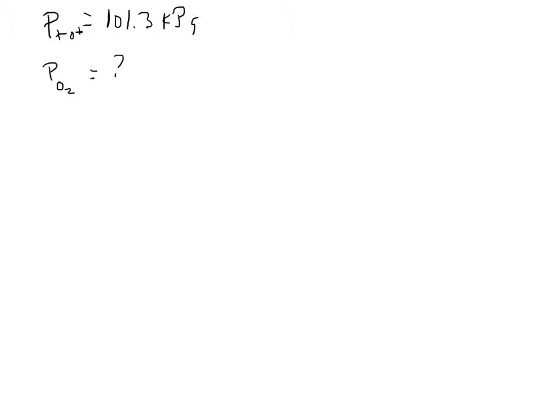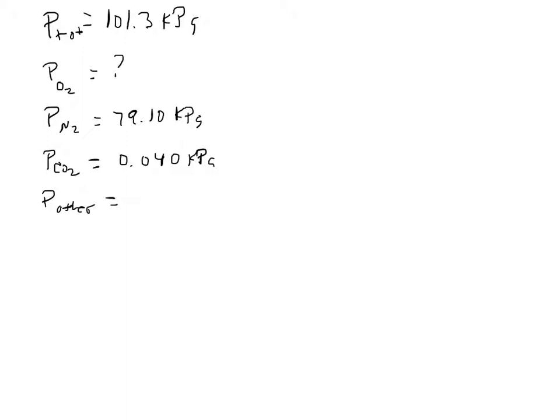If we know that the partial pressure of nitrogen is 79.10, and the partial pressure of CO2 is 0.040 kilopascals, and the partial pressure of all other gases in here is equal to 0.94 kilopascals. So here's what we know.